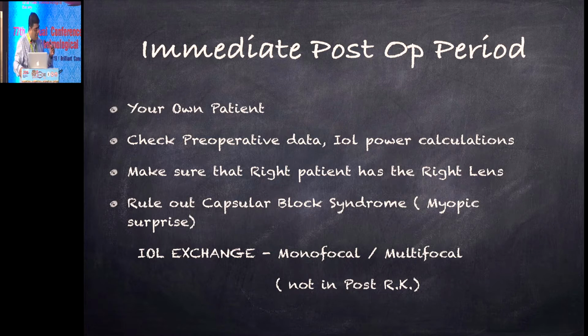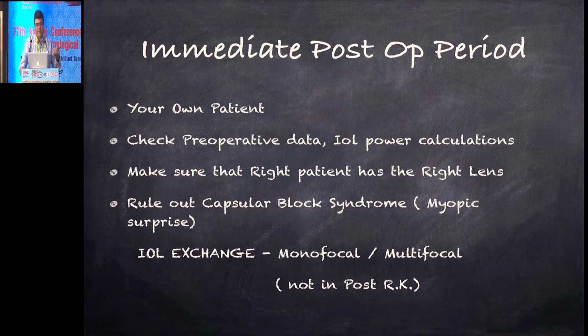If it's an immediate post-operative period, you see the patient on the next day. These patients are, of course, your own patients. You see that he has -4 or +4 diopter of refractive surprise. For these patients, you need to go and check your preoperative data: what are the axial length, K readings, whatever has been fed in the IOL power calculations, and what formulas have been used.